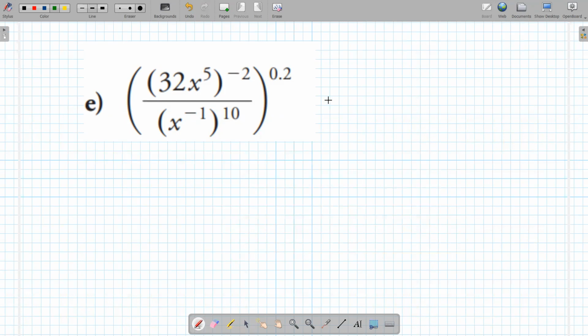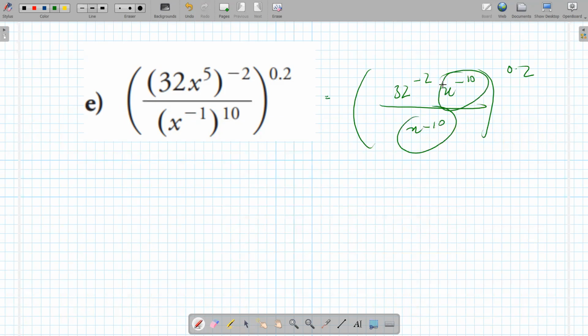You distribute the exponents, like from the inside. So you get 32 to the power -2 and x to the power -10. On the bottom, you get x to the power -10. Does this and this cancel out? We have x^-10 on the top and the same thing on the bottom. Do they cancel out? They do.